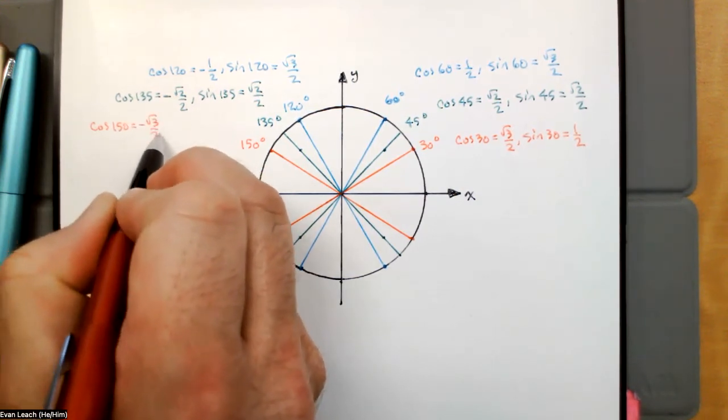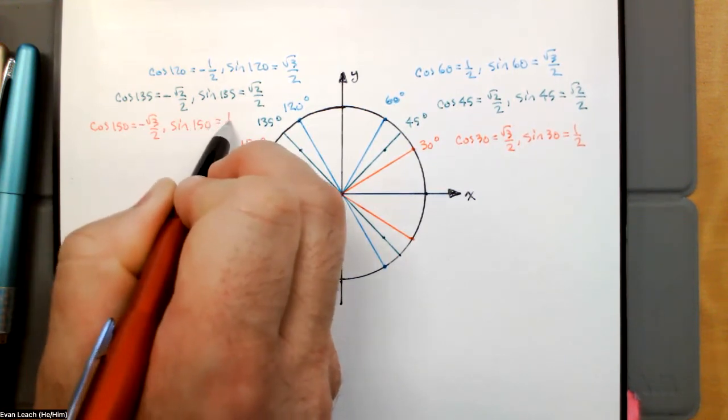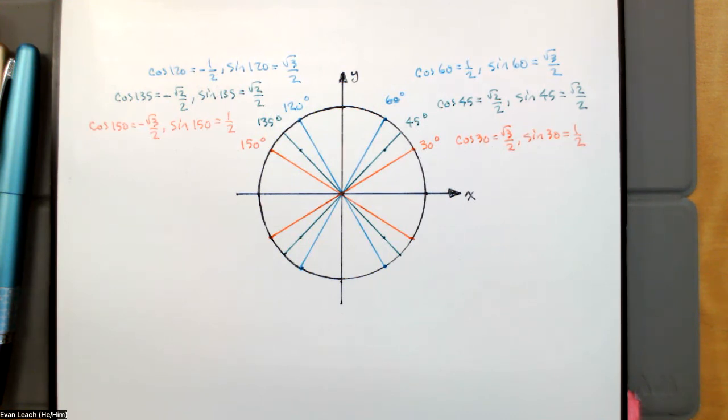Sine of 150 is 1/2. It's a combination of those two triangles and knowing what's positive where.